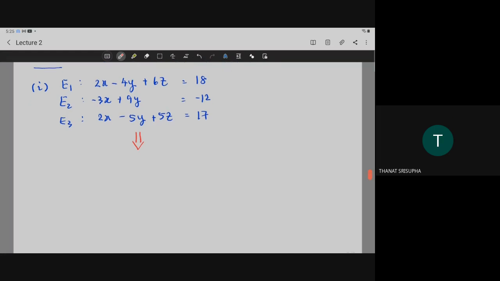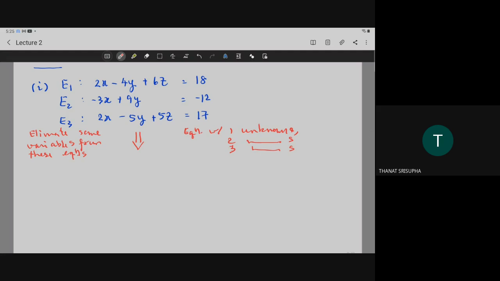So what we are going to do here is we will try to eliminate some variables from these equations, so that we have equations with one unknown, two unknowns, and then three unknowns, okay? So that's what we will do.